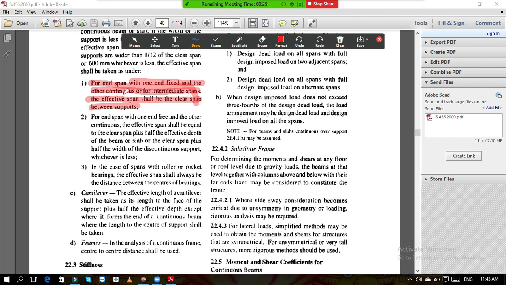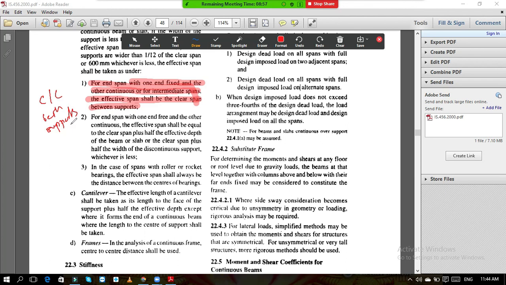So you need to calculate the distance from center to center of the supports. Okay, what does it say, that the distance is center to center distance between two supports. Okay, this is what this says.